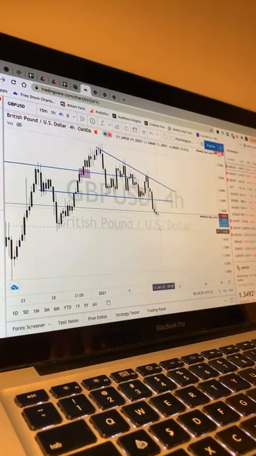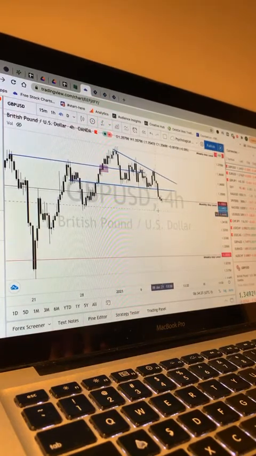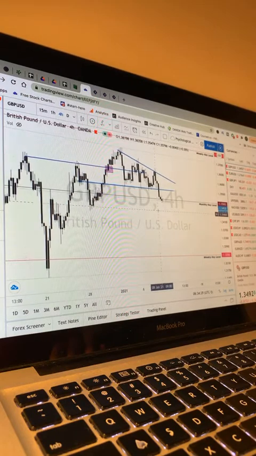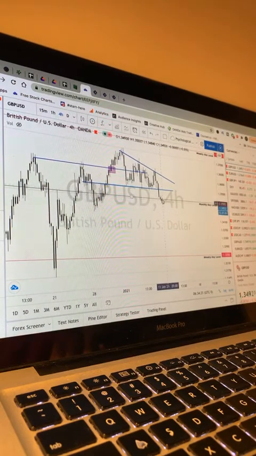If I don't get a buy opportunity, I'm honestly not looking to sell this. I can see where it would go down to maybe 1.3448 around this area, even 1.3430.